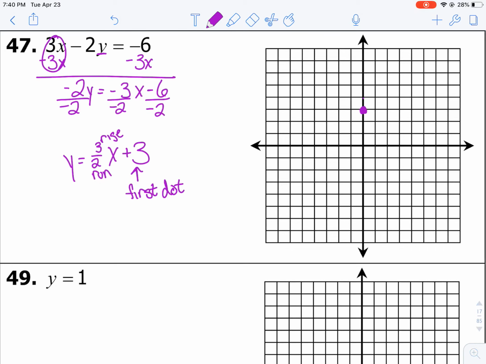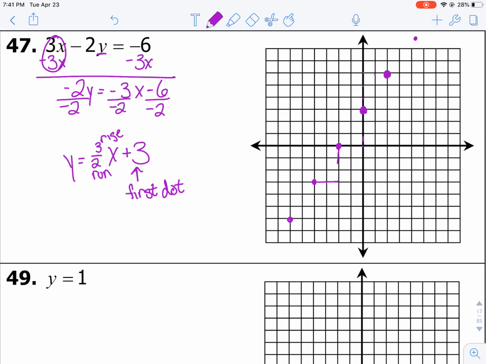I'm going to rise 1, 2, 3, run 1, 2, and make a dot. Rise 1, 2, 3, run 2. It's going off the graph, but it gives me a good idea. I can also go backwards. I can go backwards 3 and backwards 2 and make a dot. Backwards 3, backwards 2, and make a dot.